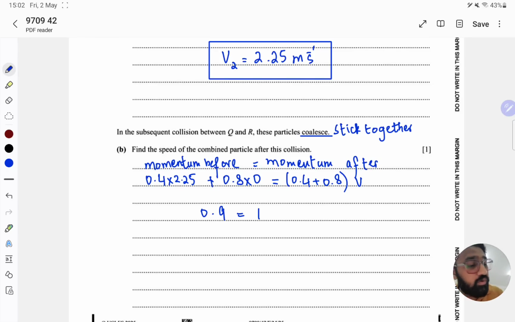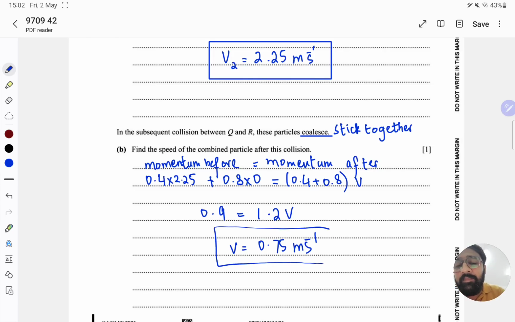It will be equal to 0.4 plus 0.8, 1.2 v. So v will be 0.9 divided by 1.2, which is 0.75 meter per second. This is the speed with which they are going to move together after combining.